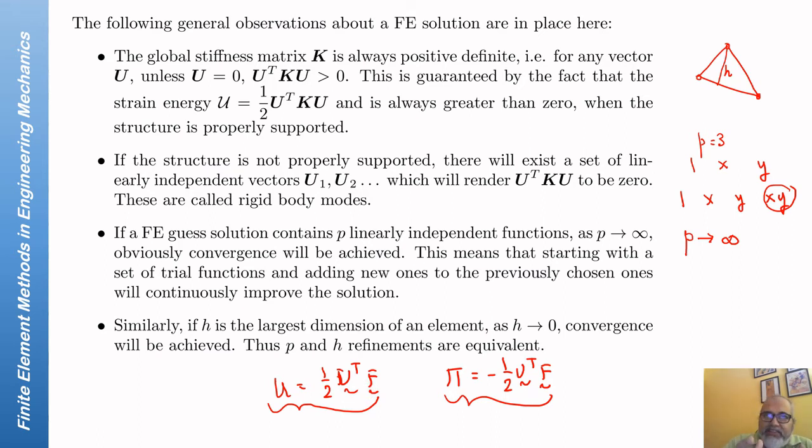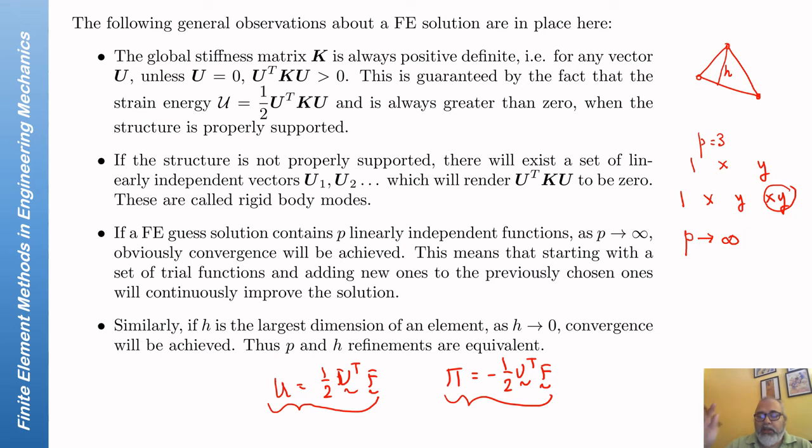When the strain energy increases, you are actually predicting a lower displacement than the true case, and your structure is stiffer. That means K is stiffer. The stiffness of the structure is more than the actual structure.